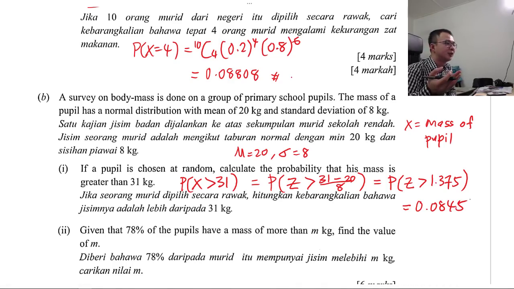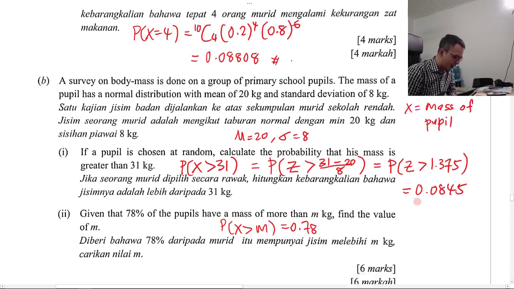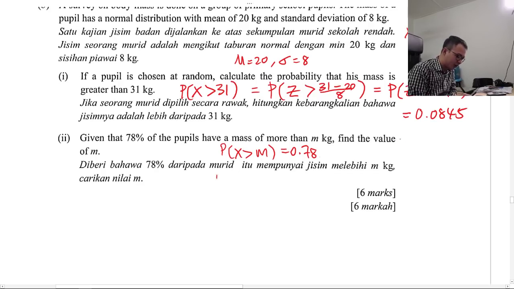Alright, the next thing is, it's given that 78% of pupils have a mass more than m. So right now, mass more than m is 78%, so it will be 0.78. So find the value of m. Of course, we will always change to Z, so m minus mean over standard deviation will equal 0.78.